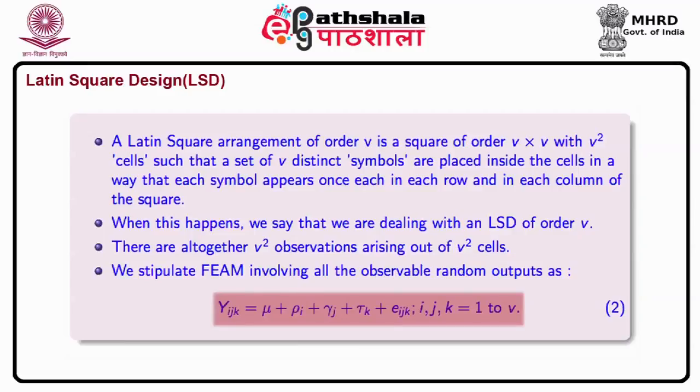The second component looks like the row effect, the third the column effect, the fourth the treatment effect, and then the error. You are primarily interested in tau, the treatment effect, but you have been wise enough to incorporate the other two blocking factors, the row effect and column effect. Here i, j, k all run from 1 to V.